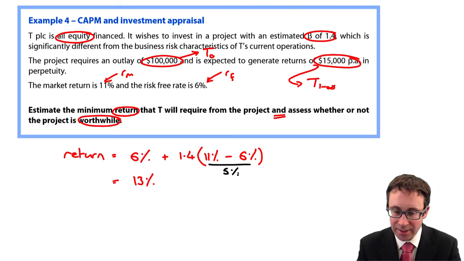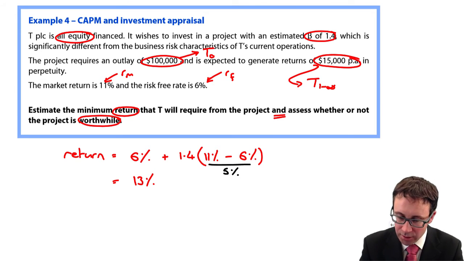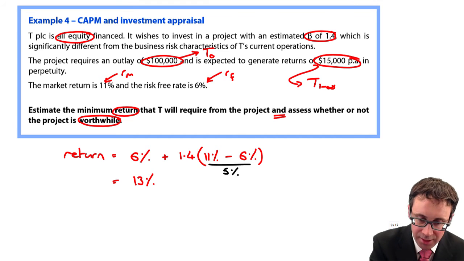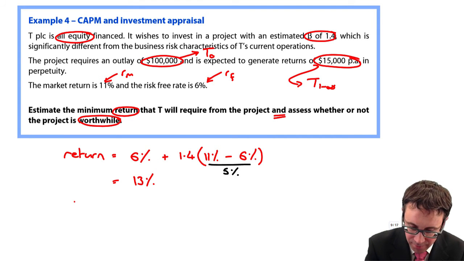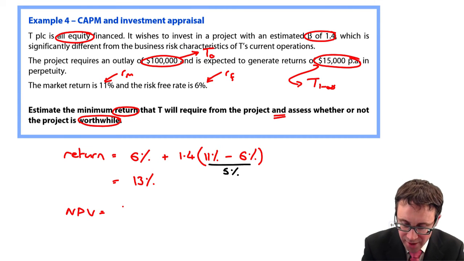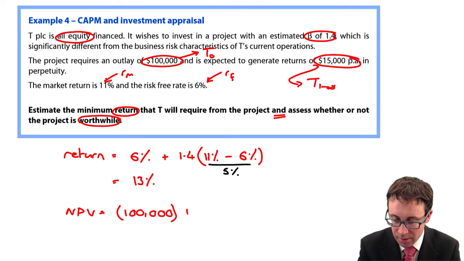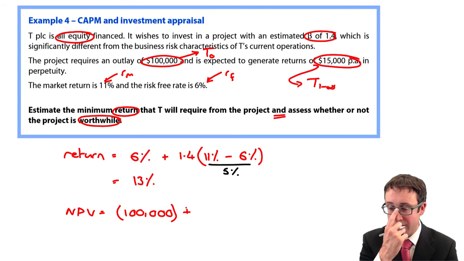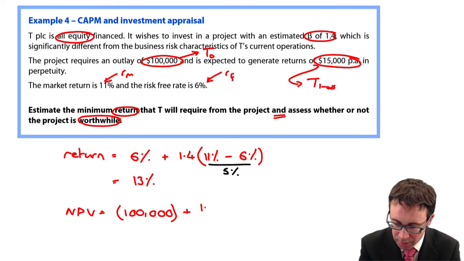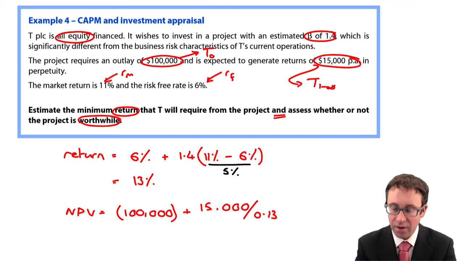Okay, excellent. If we then wanted to go through that and work out the NPV, well, the investment is there as 100,000 at T0. We then add on the present value of those cash flows to perpetuity. So is that 15,000 divided by 0.13?